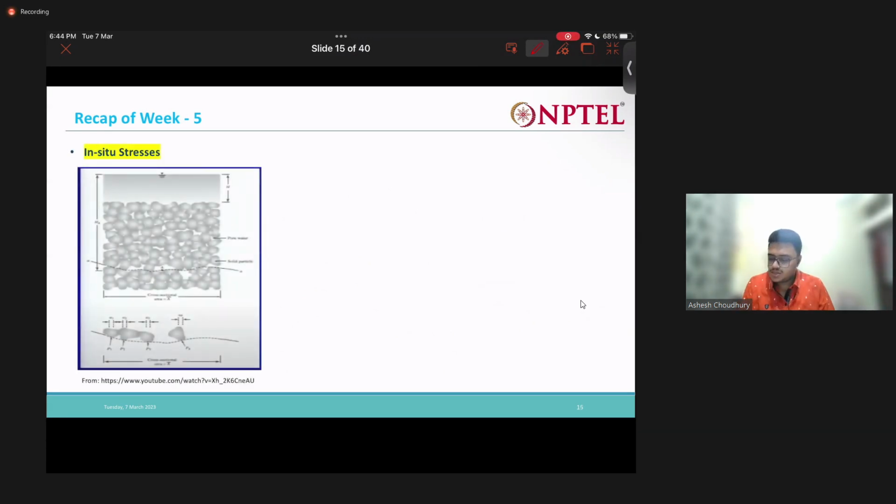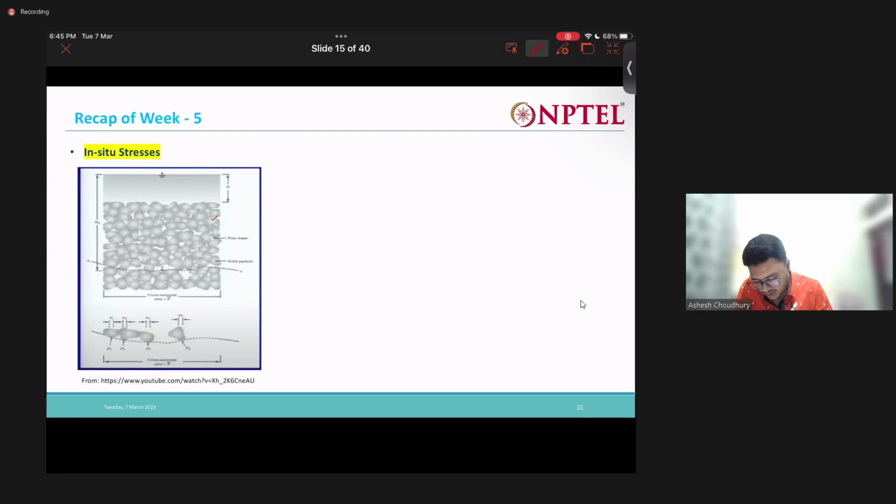So the next topic is that of in situ stresses. In situ means nothing but the native state, the natural state of the soil. What stresses are actually coming into the soil particles in the natural state, that is nothing but the in situ stresses. See here in this diagram, these are our soil particles, and up there is water.